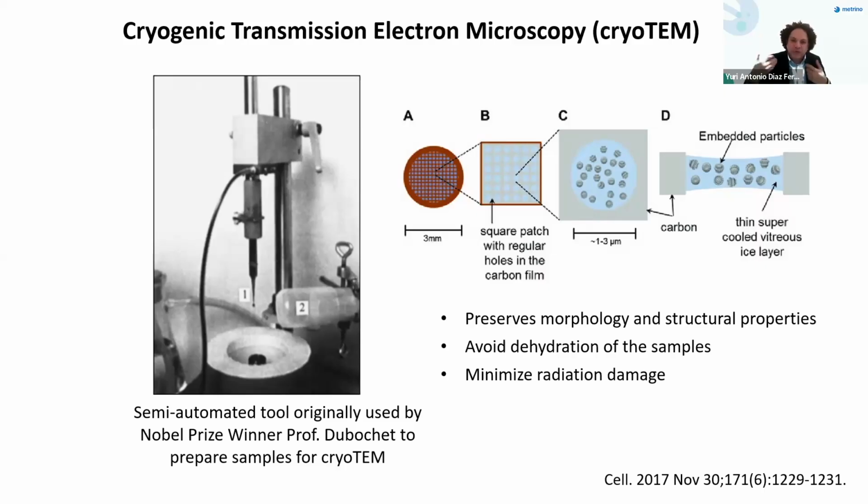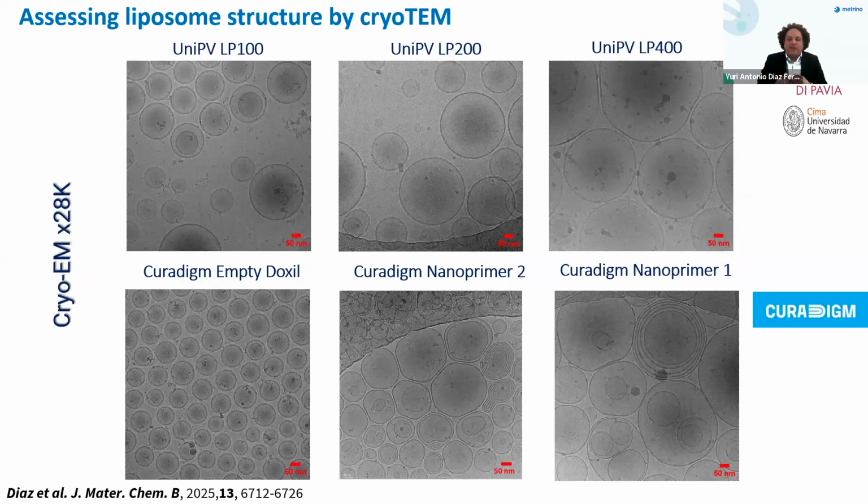And this is what allows you to do electron microscopy on very fragile systems, like for instance, liposomes.